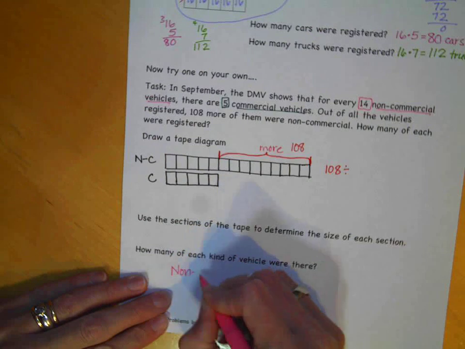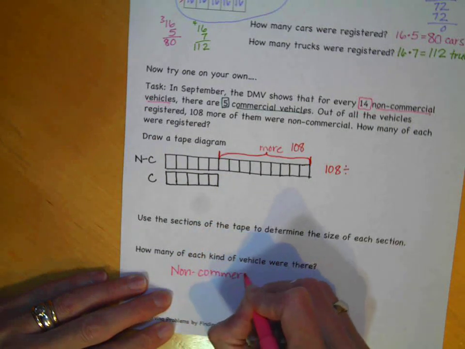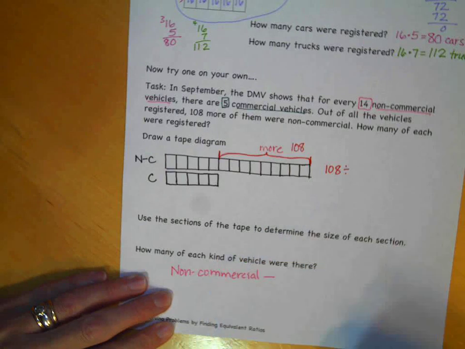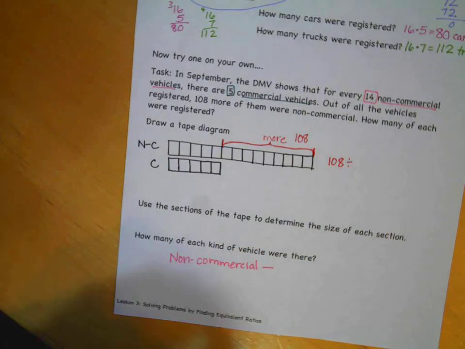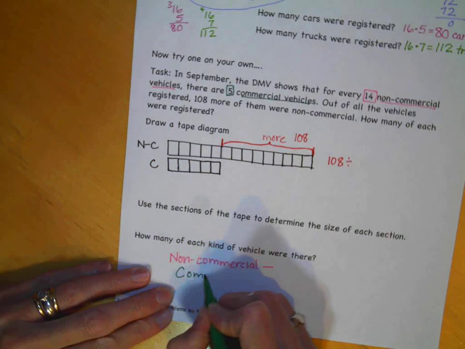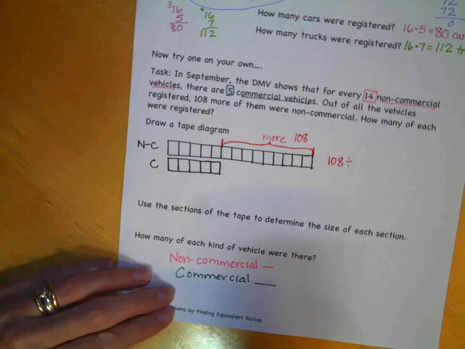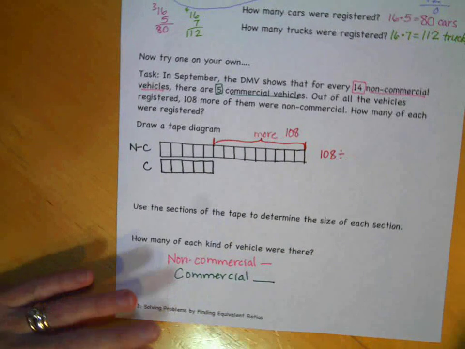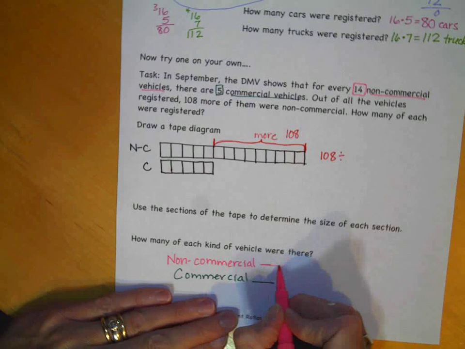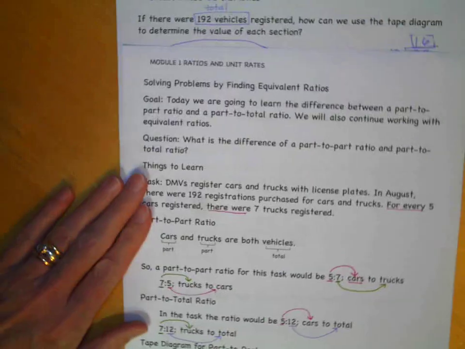So you need to tell me how many non-commercial there are and how many commercial there are. Okay, that's your job. I'm excited for you. I think you could do it.